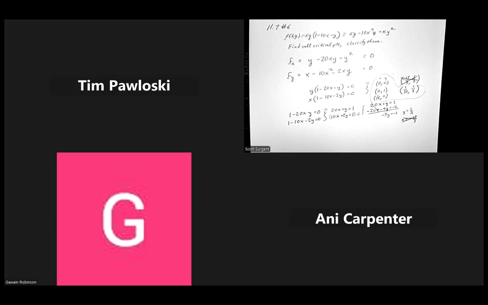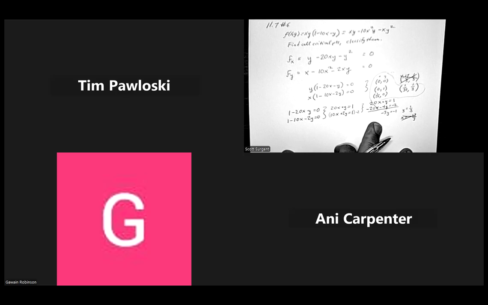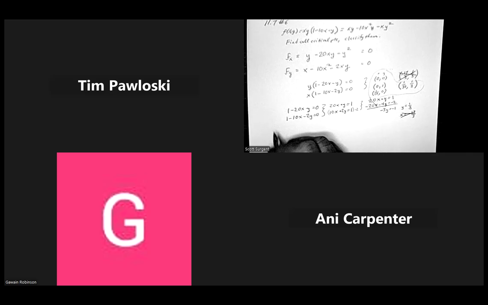So we've got 4 critical points now. Let me go back to the question here. They just want the X and Y coordinates, and they want you to classify them whether they're min, max, or saddle, or cannot be determined. So you do that by doing the second derivative test, which I'll do right here.